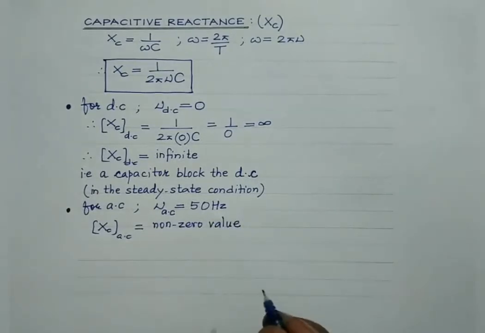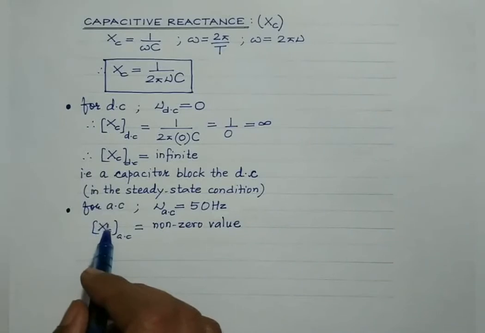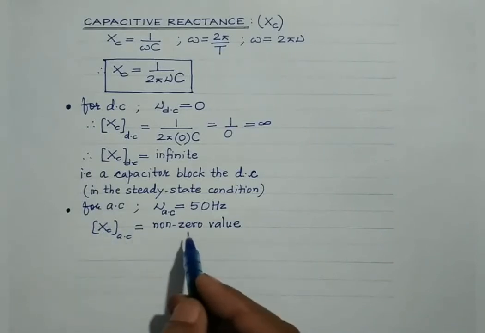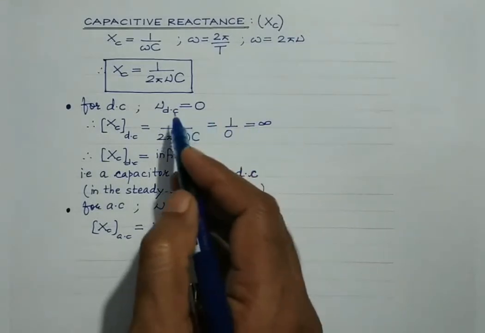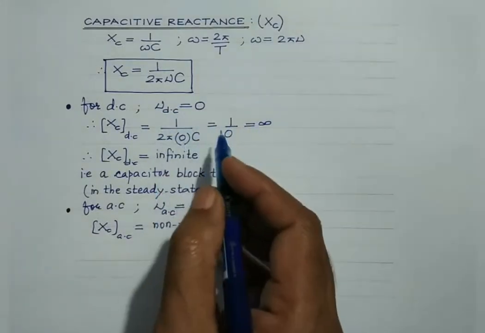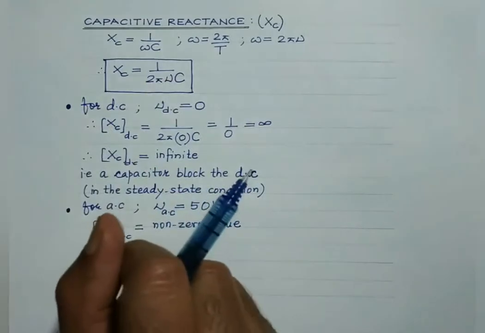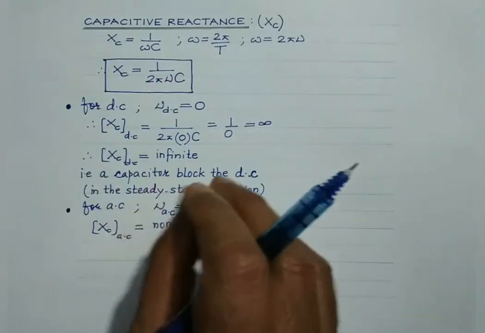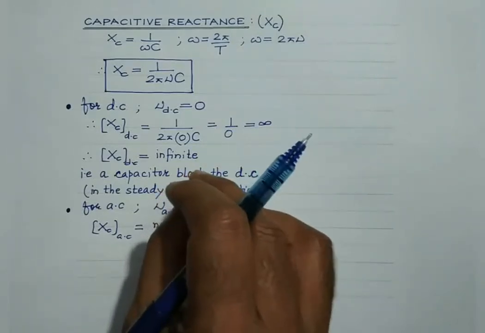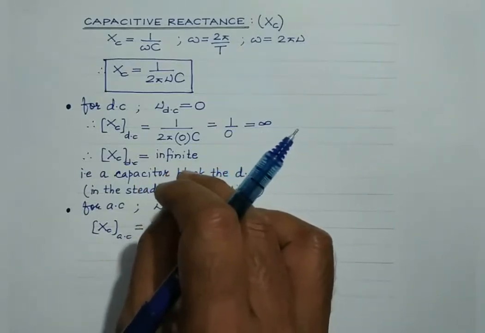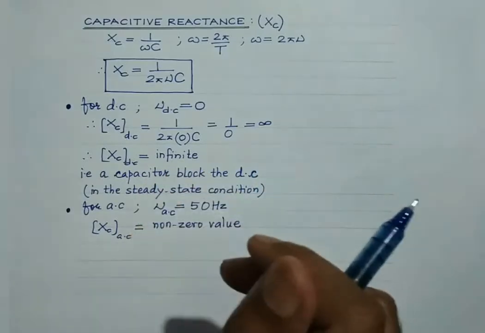So what it means is, a capacitor offers some finite resistance to the flow of AC current, but it offers infinite resistance to the flow of DC current, or a capacitor blocks the flow of DC current, right? It does not allow the passage of DC current through it when the capacitor is in the steady state condition, that is when the capacitor is fully charged.